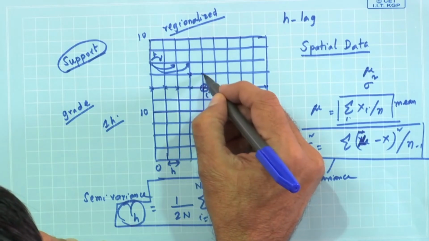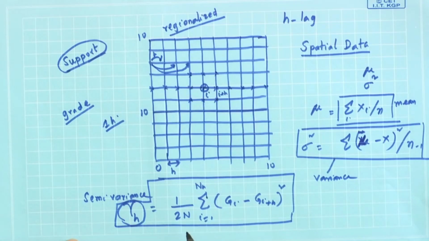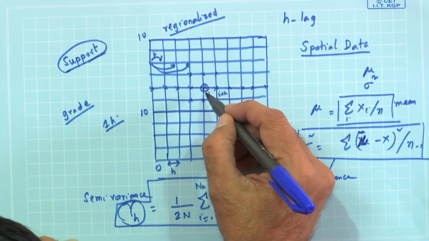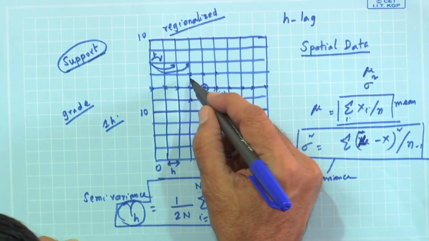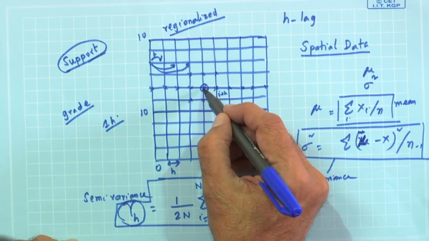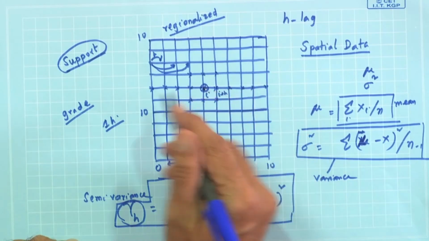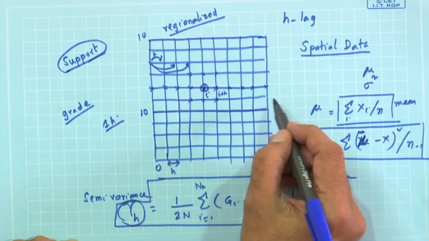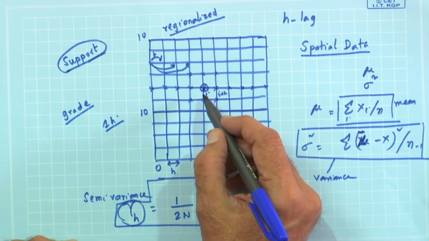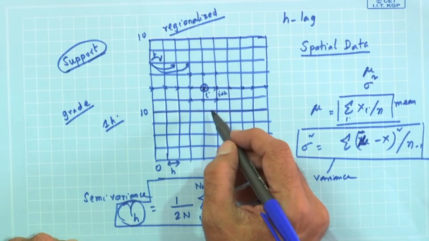There are many points on which the regionalized variable of interest, let us say grade, is estimated. Let us say we take these 9 points, calculate an average and assign that average to the central point. Then let us move this window in any direction, left or right or top or bottom, and go on calculating the average for each such central point with respect to these 9 neighboring points.